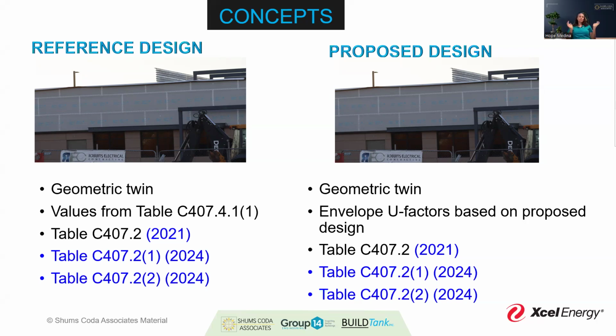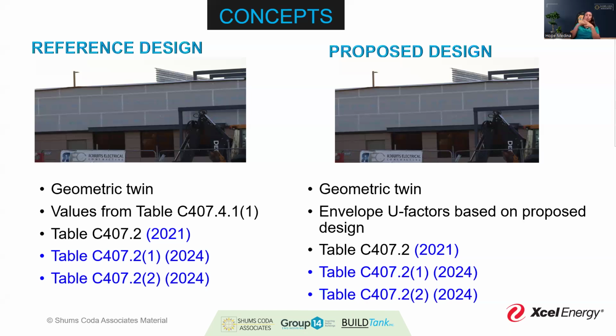Where the differences are is you have the values that they're required as part of your baseline. And you would find that out of table C407.4.1, parentheses 1. So that's one of the things that you would be looking at now.